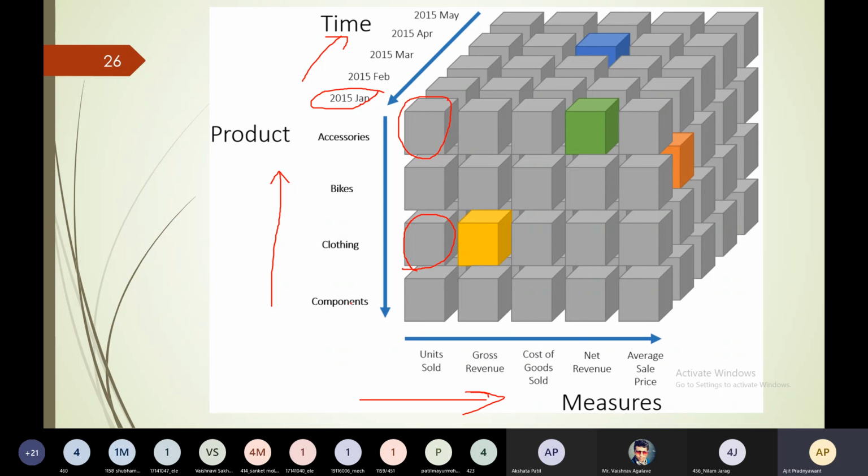Suppose you want to know in January 2015 the average sale of bikes. In this case, this is the average sale price, and here it is bikes, and January 2015 is this one. If you want to retrieve the data of February 2015 of the bikes having the average sale price, then you have to retrieve this colored box.